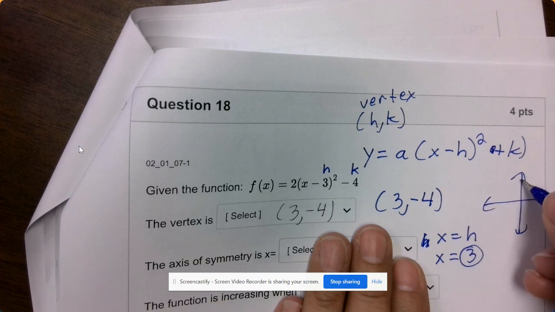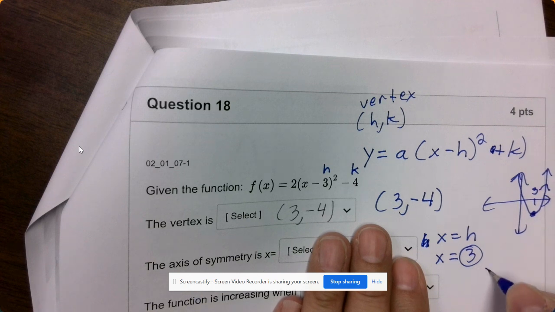It's going to look something like this. Right here where it's 3, increasing, it's going up. So x is going to be greater than h, so x is greater than 3.